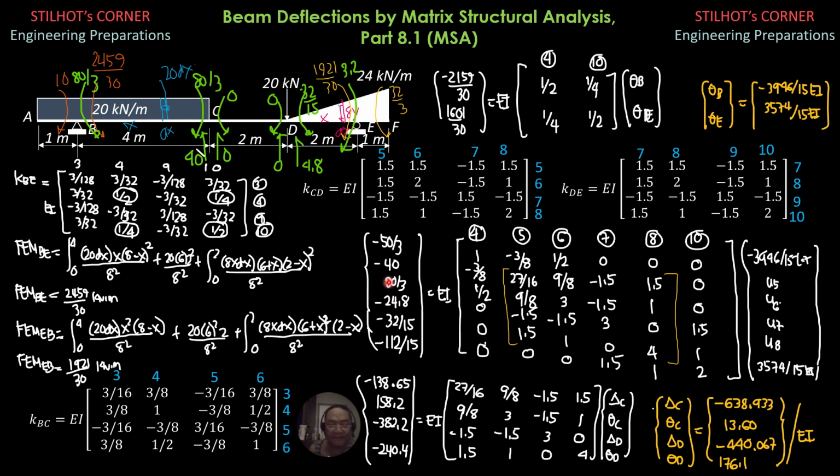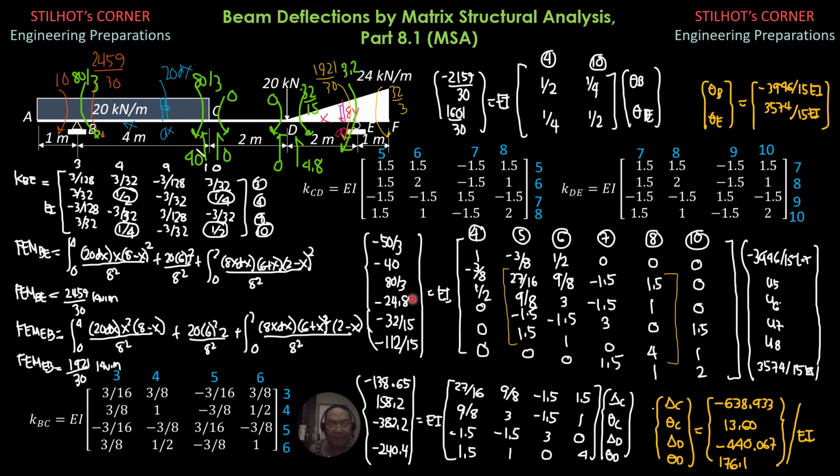Then 80 over 3 minus quantity 1 half times negative 3946 over 15, then plus 0 times 3574 over 15. So it is 158.2.